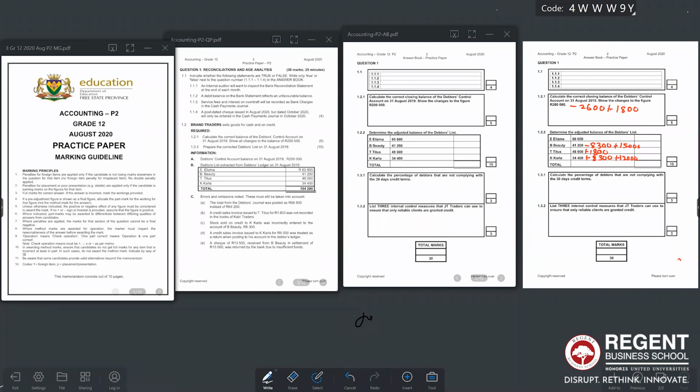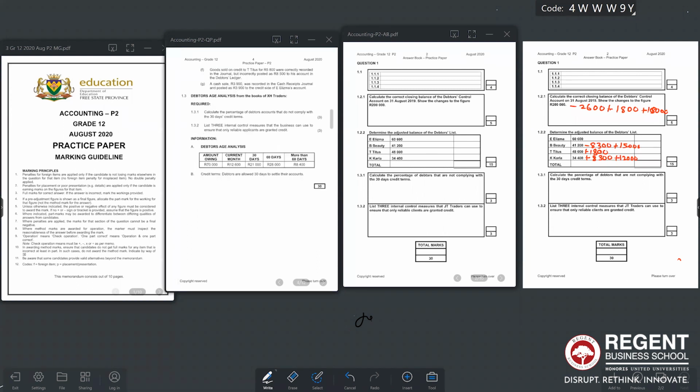And if this was not processed correctly, it's also going to have an effect on the debtors control account. In Beauty's account as well as debtors control, I need to sort that out. So go to control, plus 15,000. So you're going to say plus 15,000. That was the fifth one over there.